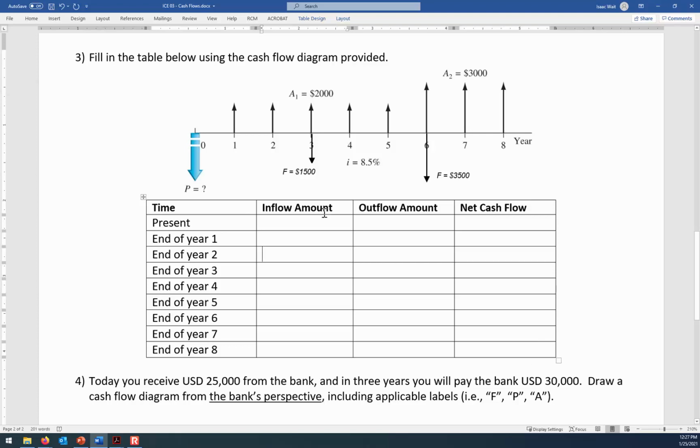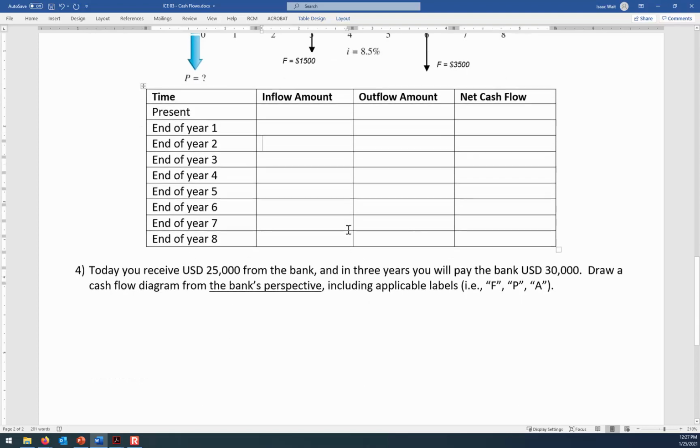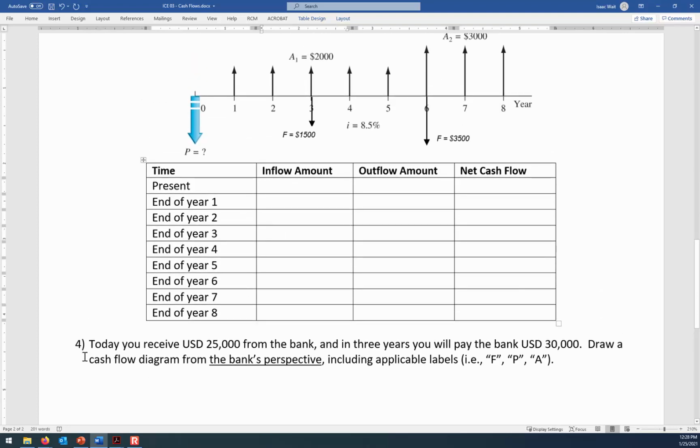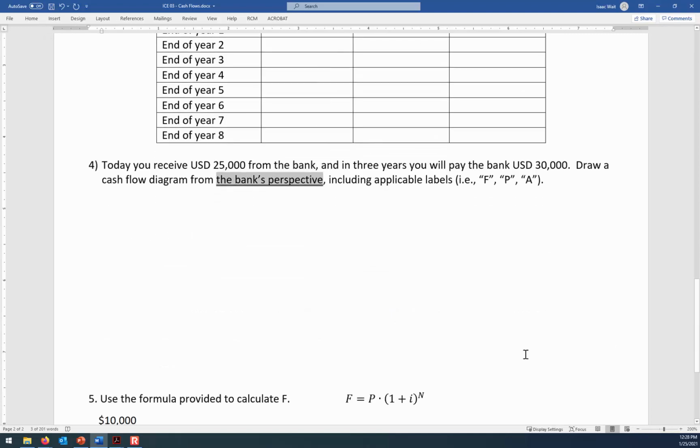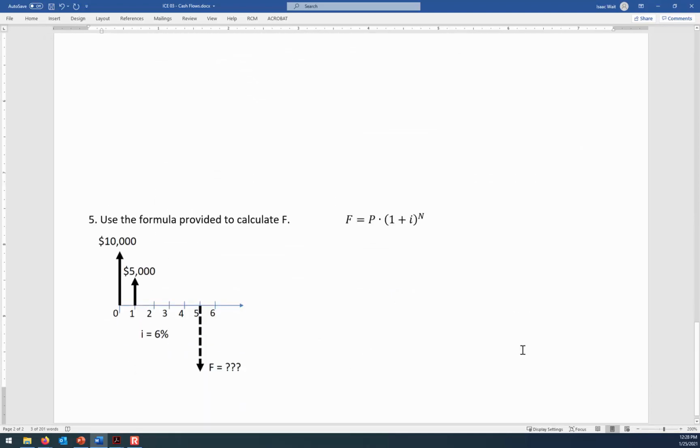Problem 3, fill in this table, the inflows, the outflows, and the net cash flow amount for each year. And then question 4, asking you to draw a cash flow diagram from the bank's perspective with labels. So more practice with that. And then finally, question 5 is one of those stretch questions where we haven't yet talked exactly about how to do problems like this, but I'm going to see if you can go a little bit beyond what I've already told you.